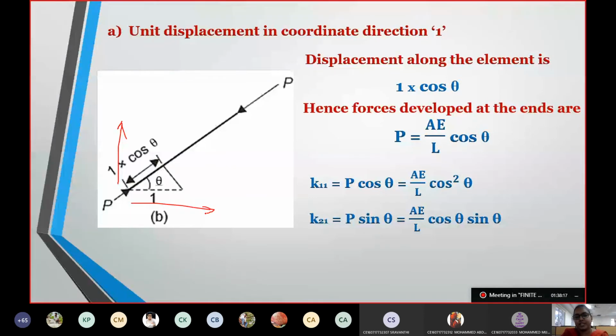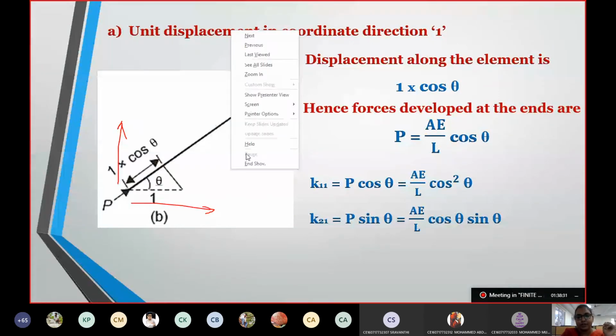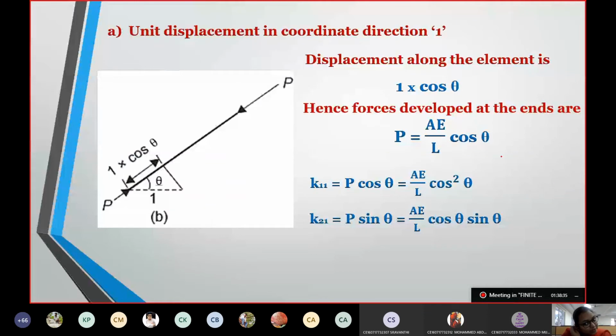When we are taking from x direction to inclined, it is cos theta. When we are taking from x direction to the y direction, and theta is for the horizontal, it is P sin theta. So K21 will become P sin theta. We know what is the value of P. Just substitute the value of P in your K11 or K21 values.